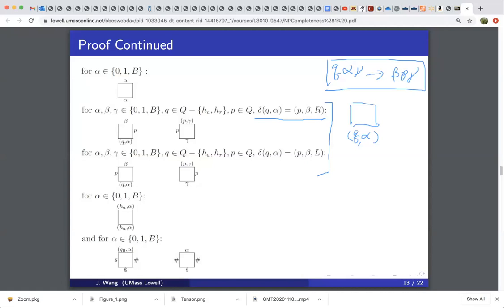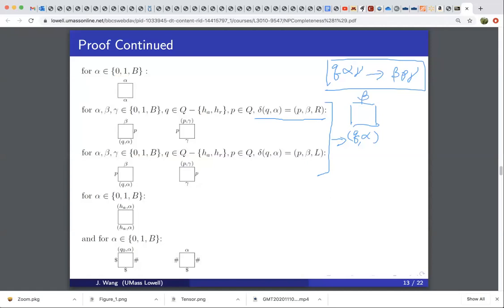Then you can think of that as another portion of tape on top of it. So this is where I am, and the next one I'm going to move up. Alpha now becomes beta.